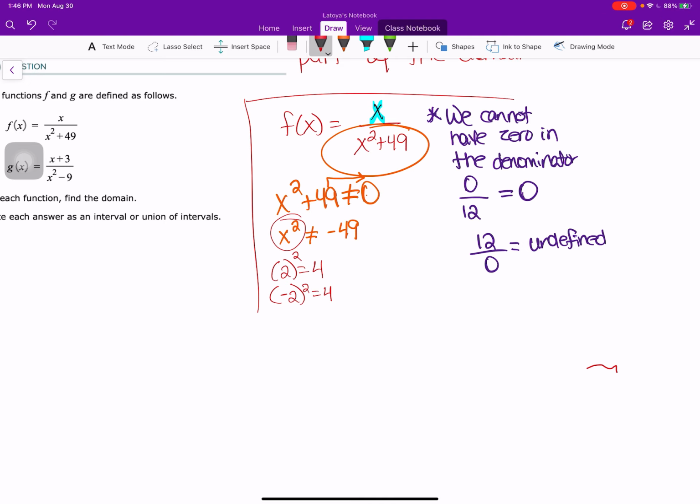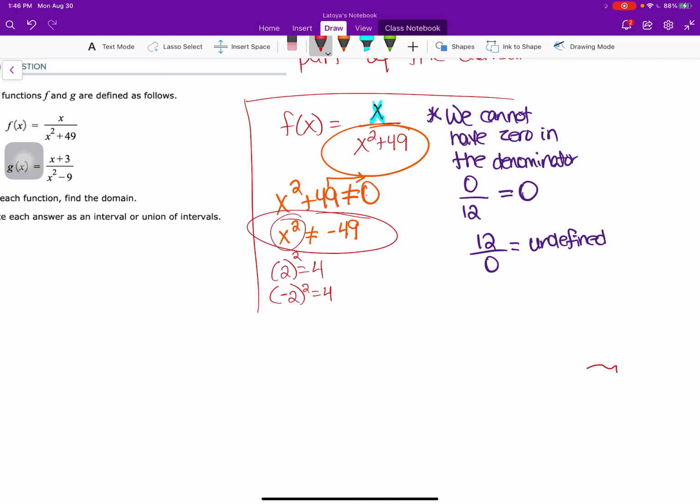Is there any way that I can square a real number and the output, or the product, be a negative number? There's no real number that I can square so that my product is going to be negative. So that will never happen.